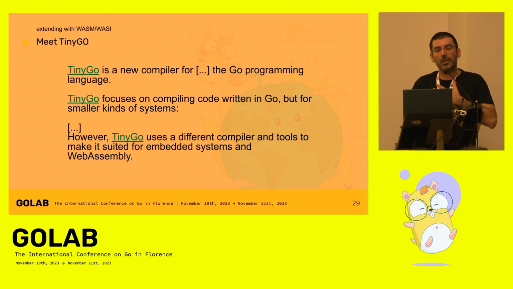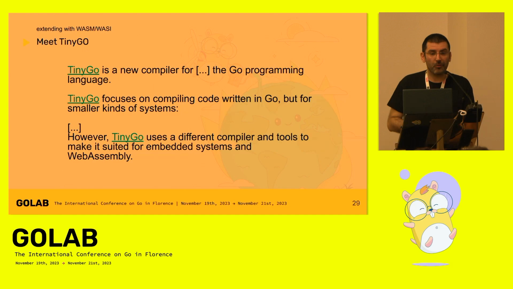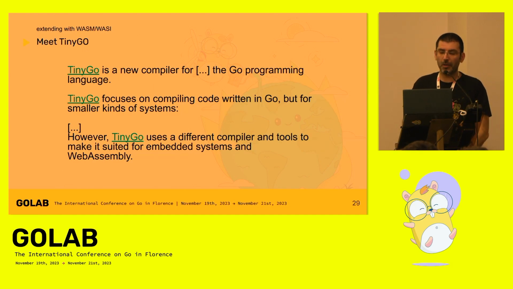And this is why, for myself, I was happily ignoring its existence up until a few months ago, because it turns out that TinyGo has today, again November 2023, the best support for WebAssembly in the Go environment. And it actually allows exporting functions. If you compile your Go code with TinyGo, you can export functions. Of course, you can use a different language to implement plugins, but we are at GoLab, we like Go.